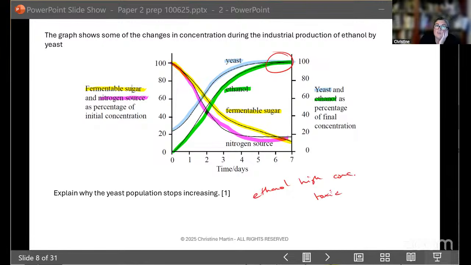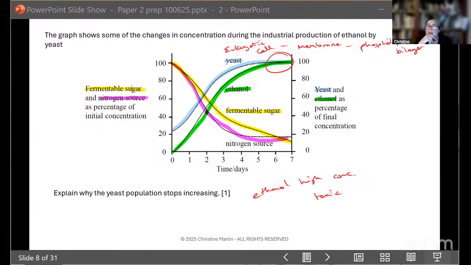Why is it toxic? Well, let's think about yeast. What is yeast? Yeast is a eukaryotic organism. And because it's eukaryotic, it's made up of eukaryotic cells. These cells have got a membrane, a plasma membrane. That plasma membrane is obviously made up of a phospholipid bilayer. They haven't done anything on phospholipid bilayers yet, so they could link that in here.